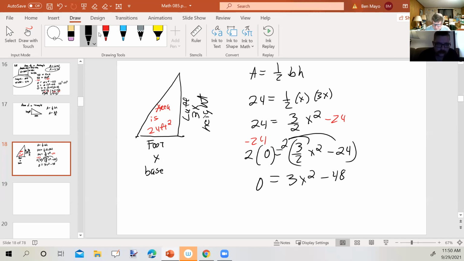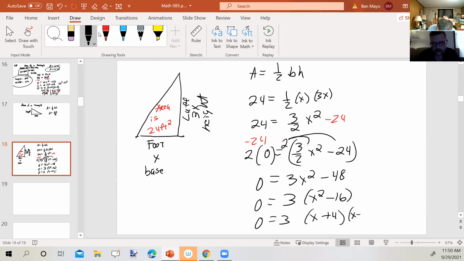Any questions there? All right, so now I'm going to take out the greatest common factor, which is a 3. I'm going to factor what remains as the difference of 2 squares. So I'm going to take each factor on the right side of the equation that contains a variable, and set it equal to 0 and solve it.